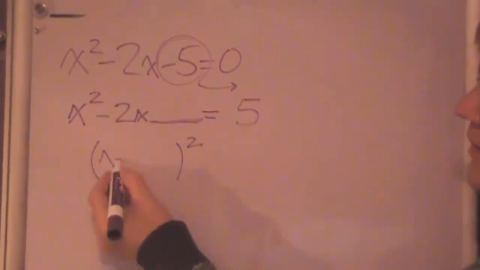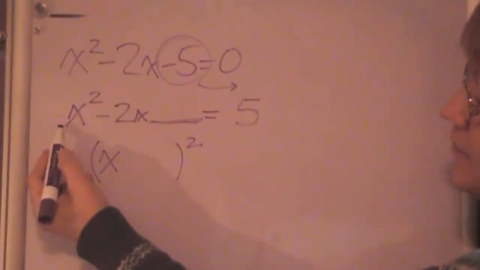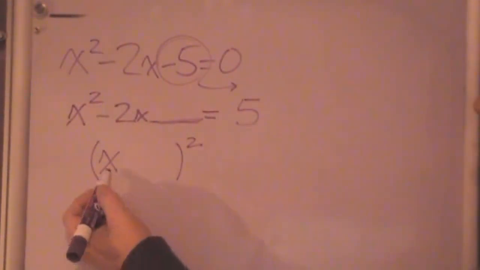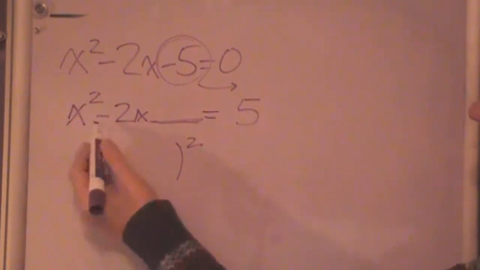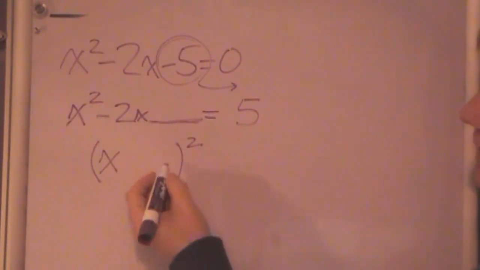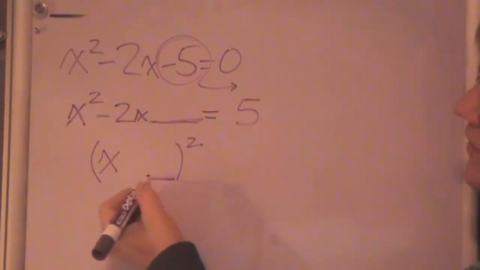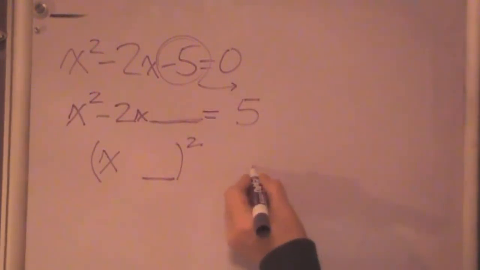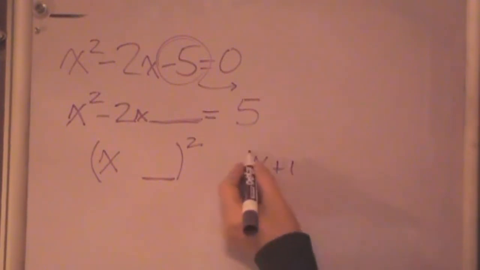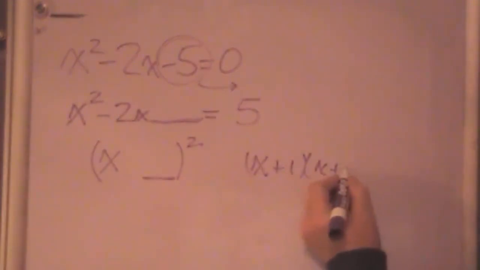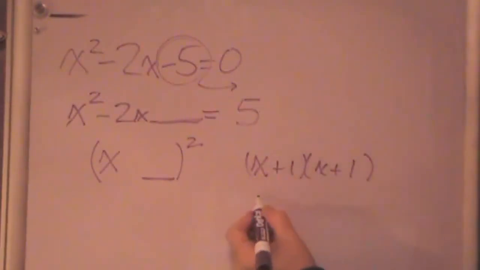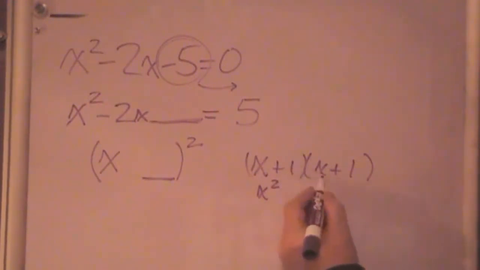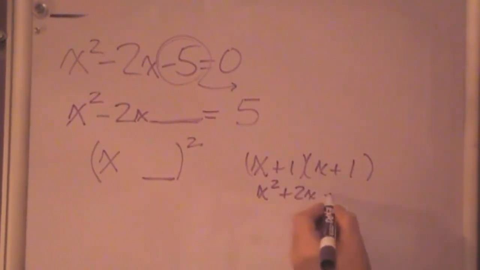Well, the x part is easy because I don't have any leading coefficient, which would have been our first step, which we'll do one like that. So once you get the leading coefficient off, and this one didn't have one, then we're going to put something in here that's going to make this a perfect square. Well, think about it. If I had x plus 1 times x plus 1, I'm going to get x squared plus 2x plus 1.